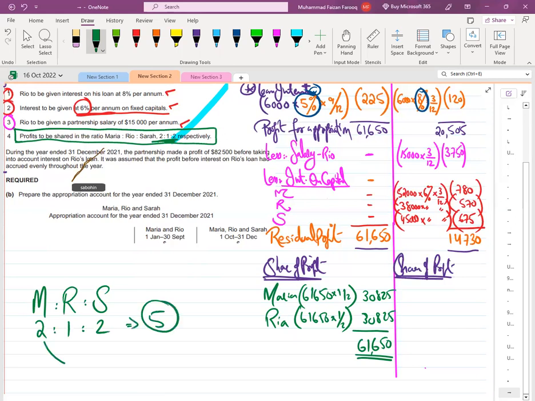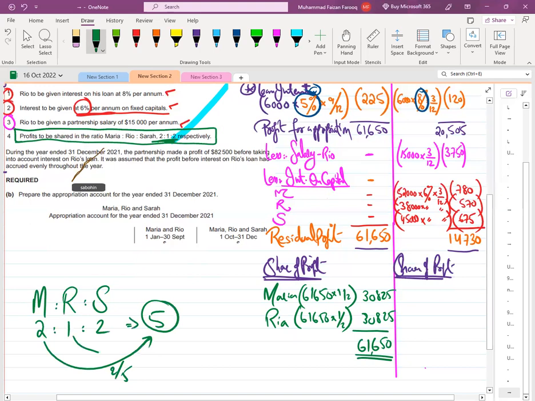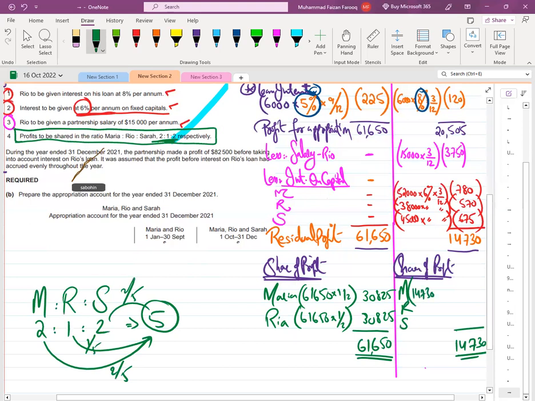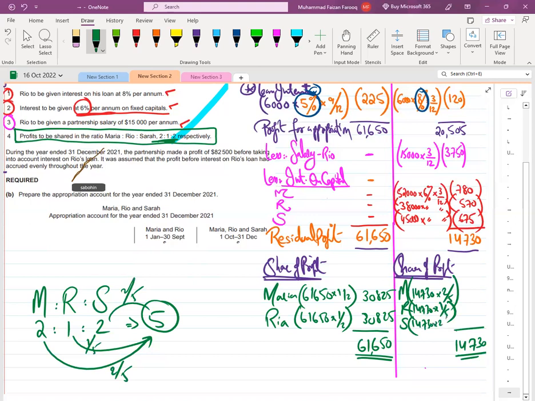So 2 by 5, 1 by 5, and again 2 by 5. Profit for this period is 14,730. So 14,730 times 2 by 5, 14,730 times 1 by 5, and 14,730 times 2 by 5. Let's calculate the numbers. 5892.